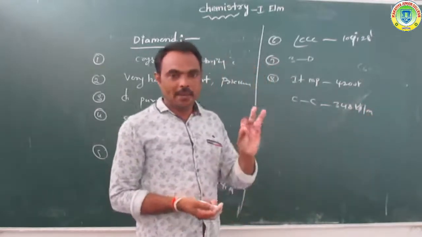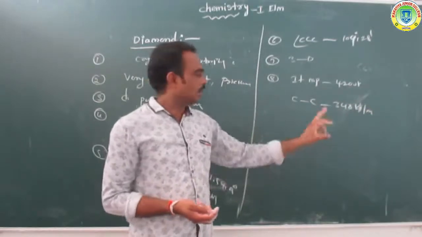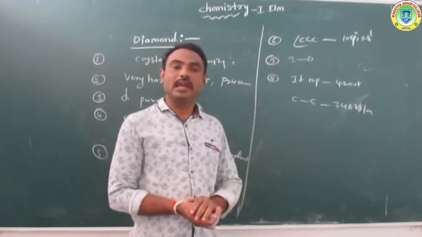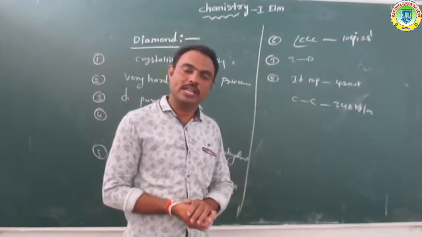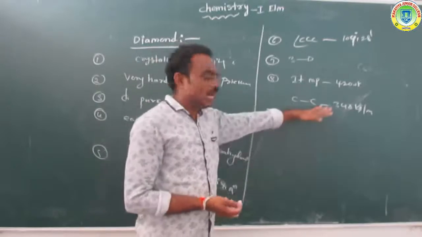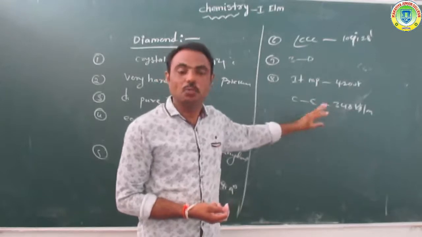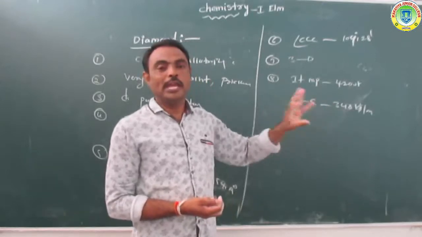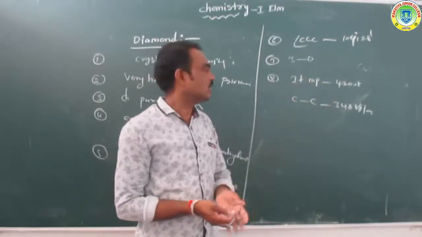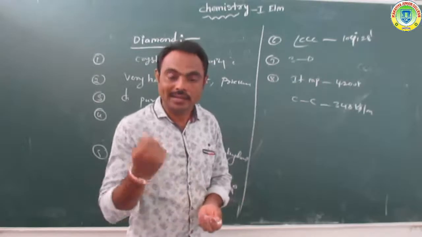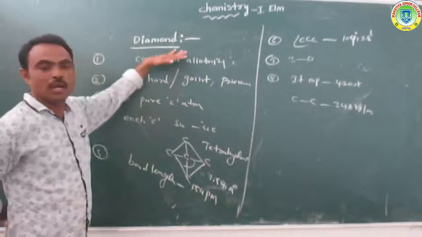Okay, in diamond, between carbon and carbon, the bond energy is very high, that is 348 kilojoules per mole. So it is very difficult to break the bond. Due to this reason, it has a very high melting point, that is 4200 Kelvin.